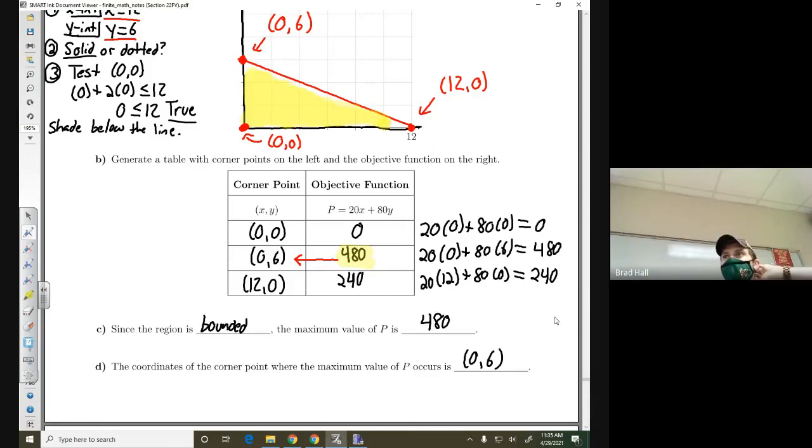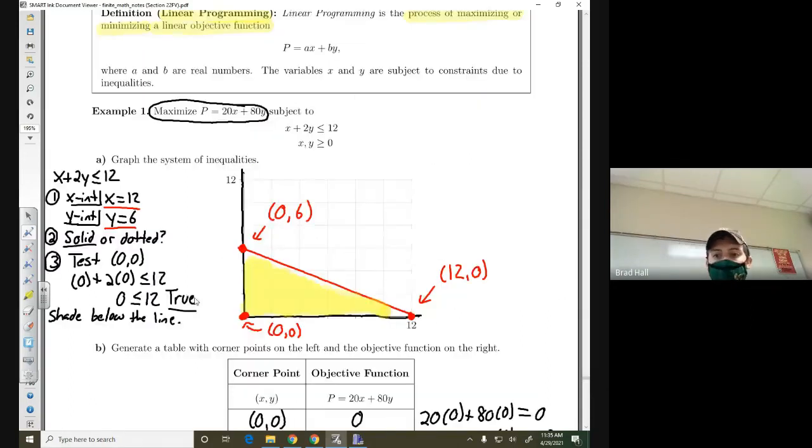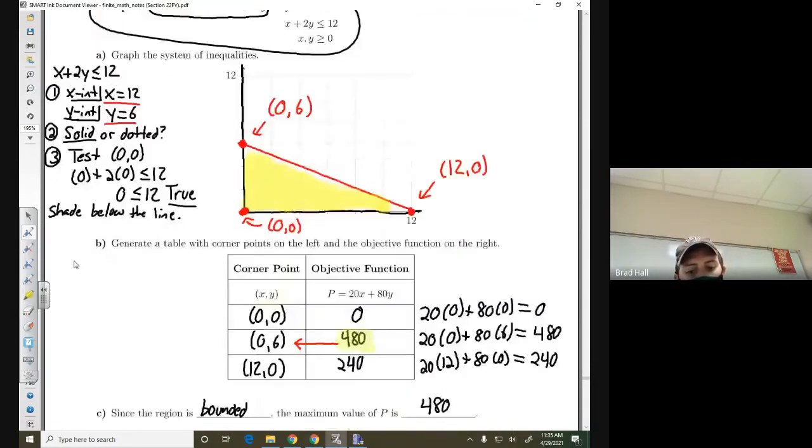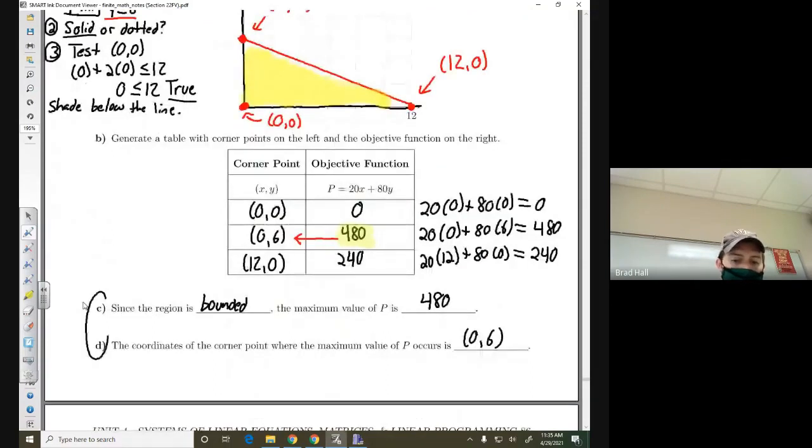So when you see this problem in your homework, all you will see is the statement and parts C and D. You will have to do A and B on your own paper. Don't be too shocked by that, which is why I want to warn everybody before you do the homework for this section. The homework is going to be due sometime, let's see, today's Thursday. We'll probably finish this on Tuesday.